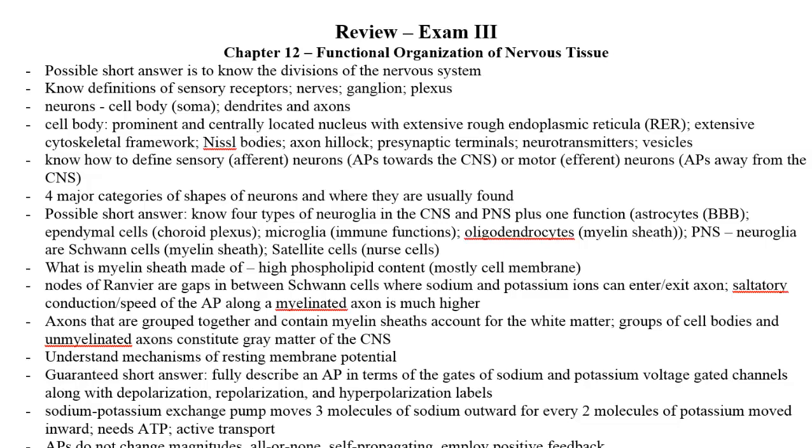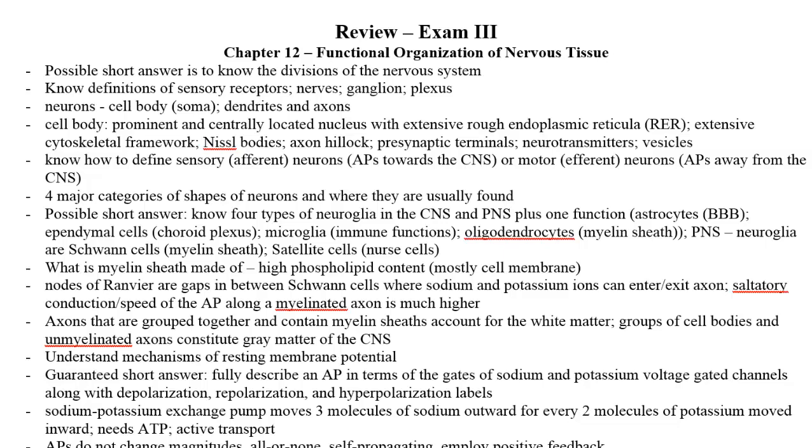The axon hillock is the region of the cell body where the action potential will be generated. The presynaptic terminals are the ends of axons that are going to deliver the action potential. They'll possess neurotransmitters in them, and given the right circumstances, that's where we will begin our neurotransmission.